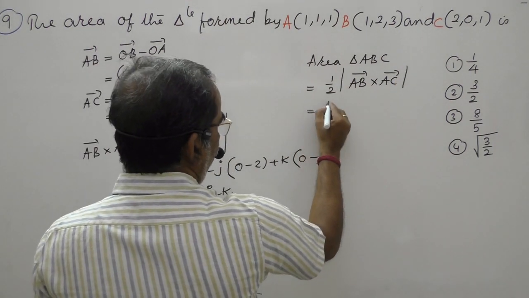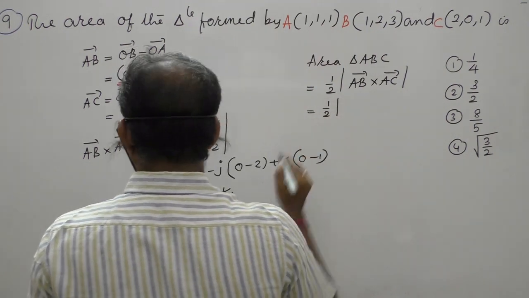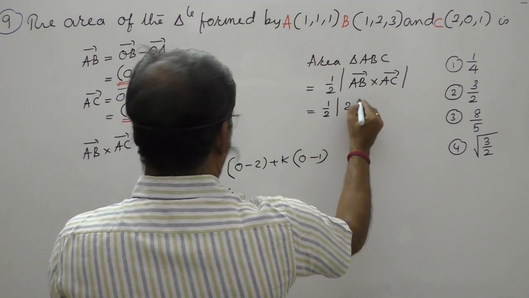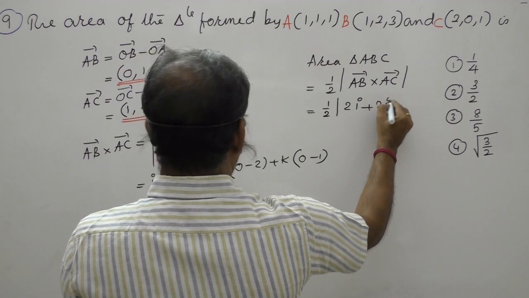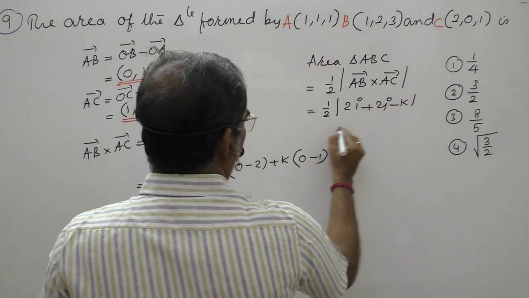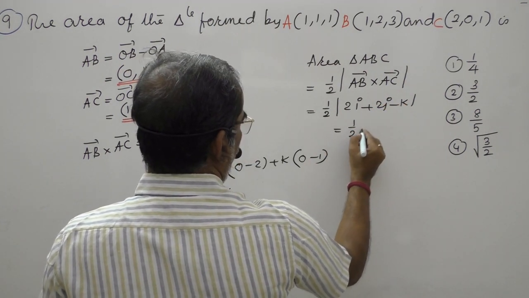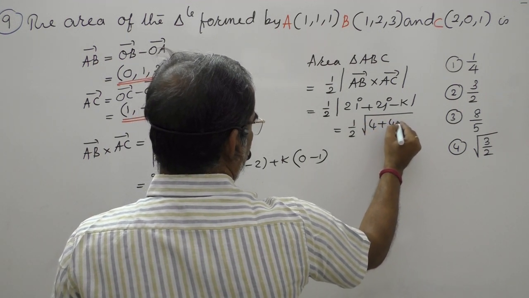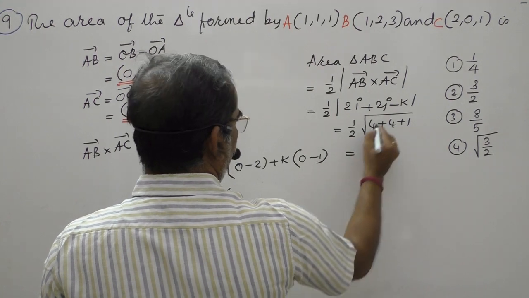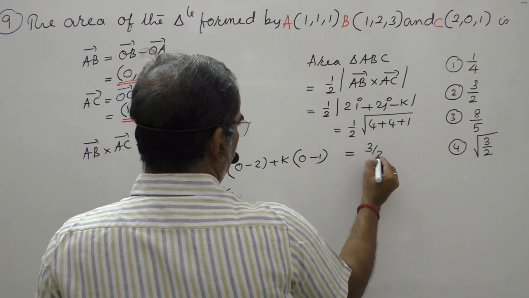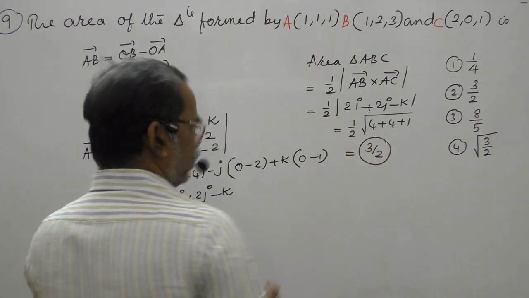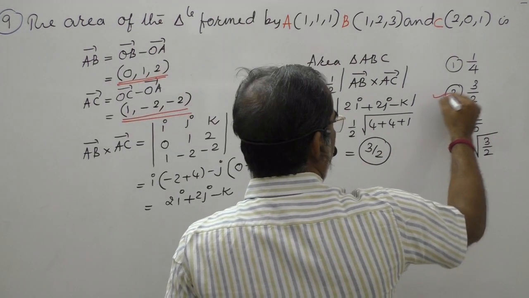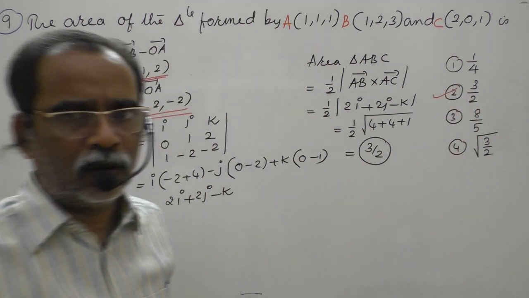That's all. Therefore, it is 1 by 2 mod of AB cross AC, which is 2i plus 2j minus k. This is 1 by 2 into magnitude of this vector, square root of x square plus y square plus z square, that is square root of 9, which is 3. So 3 by 2. Therefore, area of the triangle is 3 by 2.